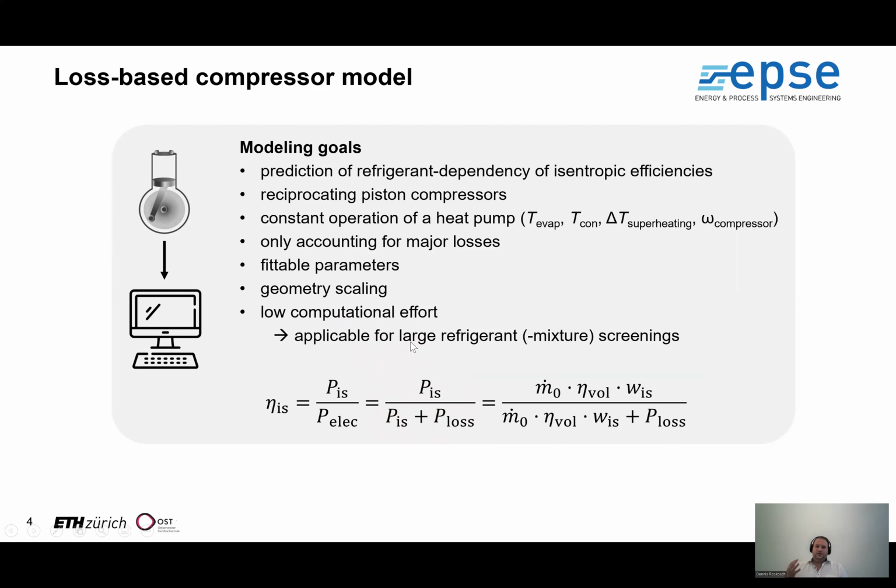And finally, we can write the isentropic efficiency as a function of the theoretical mass flow rate, the volumetric efficiency, the isentropic work, and the loss power. So calculating the ideal mass flow rate and the volumetric efficiency isn't a problem. We have to take care on how to calculate the volumetric efficiency and the loss power.